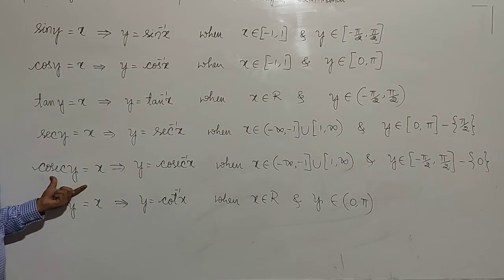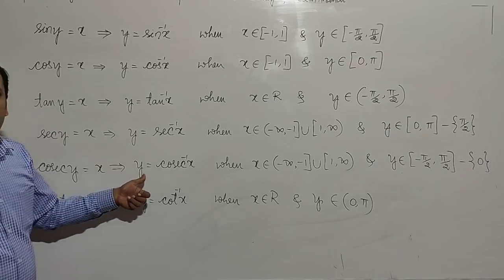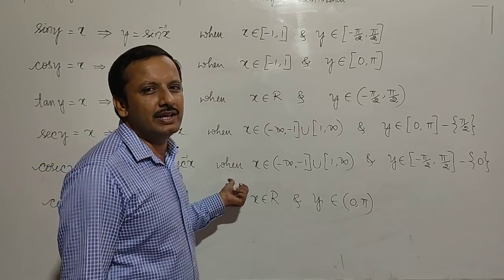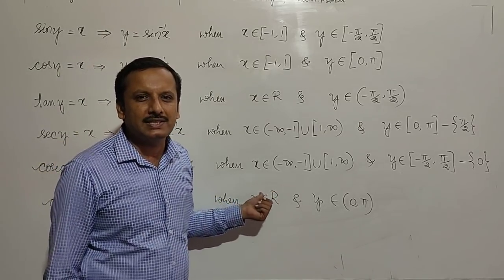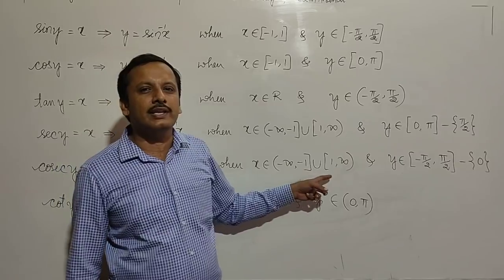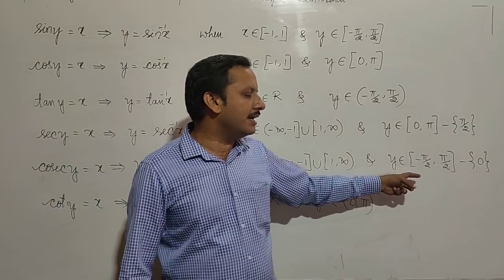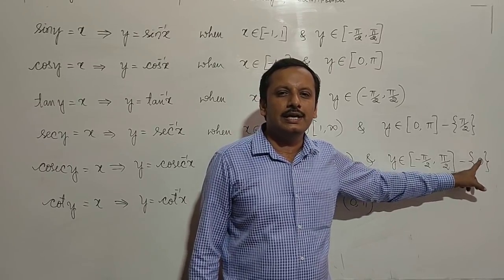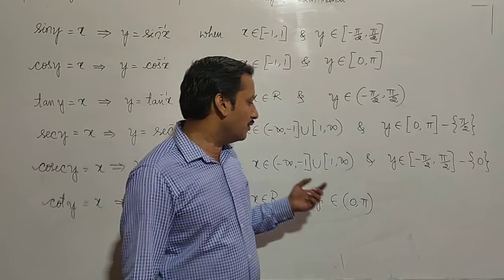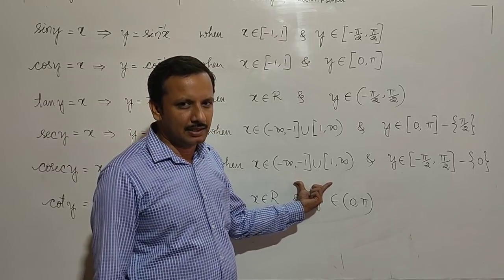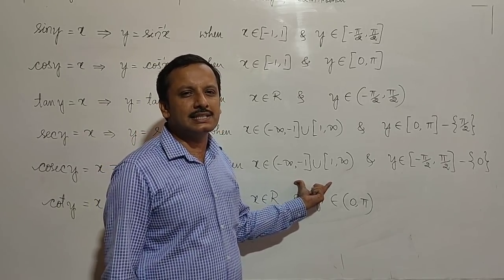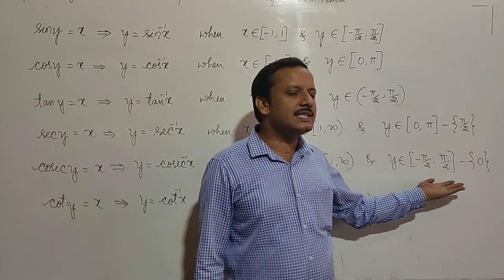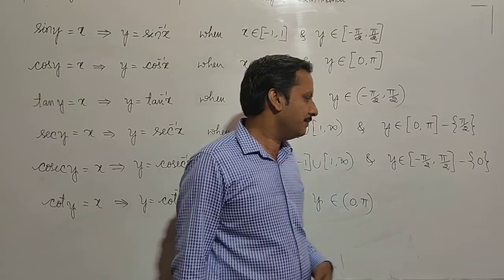Then cosecant y is equal to x will imply that y is equal to cosecant inverse x whenever x lies in the interval -infinity to -1 union 1 to infinity and y belongs to the closed interval -pi by 2 to pi by 2 except 0. So for cosecant inverse x, the set of all reals except the open interval -1 to 1 is the domain and this interval is the range.